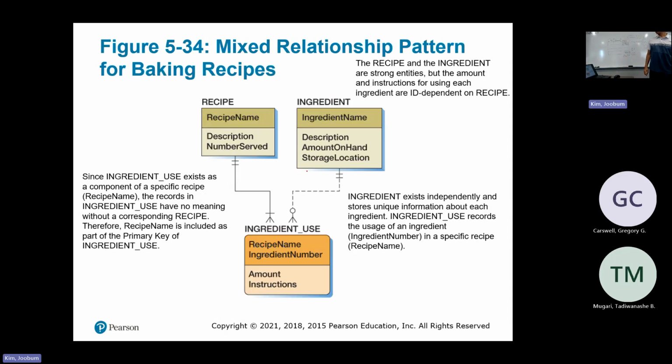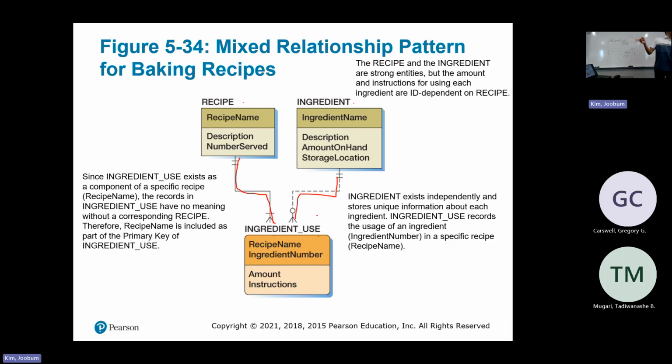How about this one? Mixed relationship. Recipe and ingredient use. Here is a solid line, but this one is a dashed line. Why? This is a solid line and this is a dashed line.